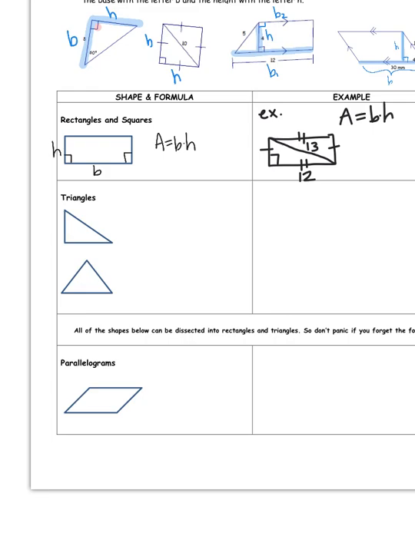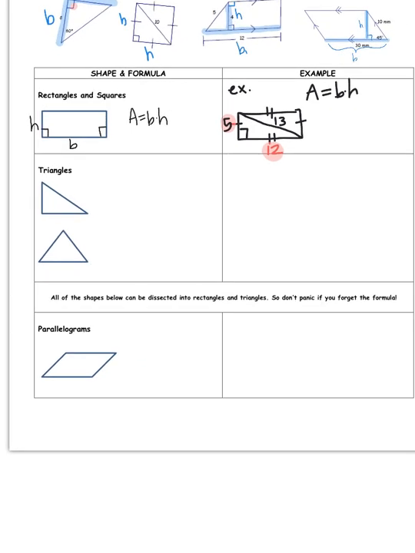I have the base of 12, I do not have the height, but you might recognize this is a triple. It's the 5, 12, 13 triple, so my missing side is 5, and in that case my area is just base times height, 12 times 5, which is 60. In this problem we don't have units, so I'm just going to write units squared.